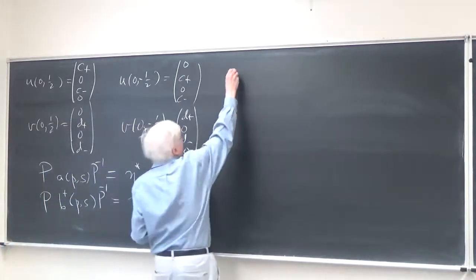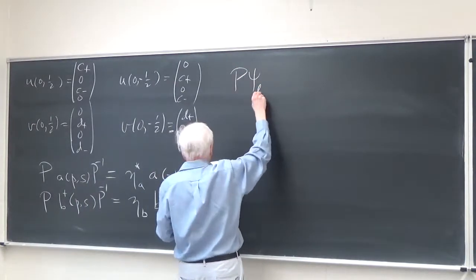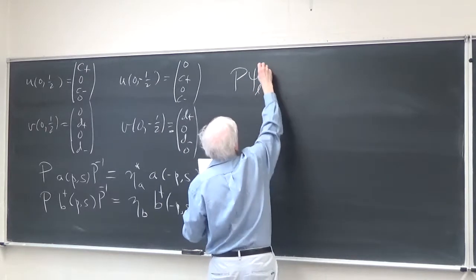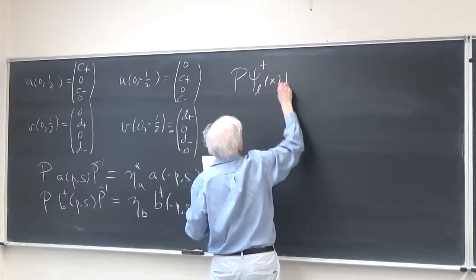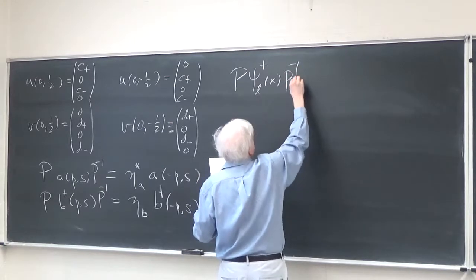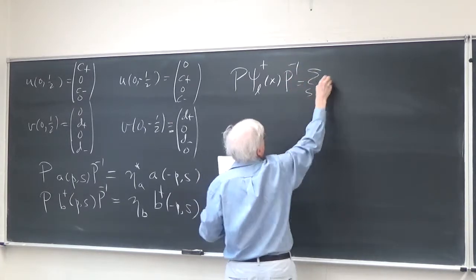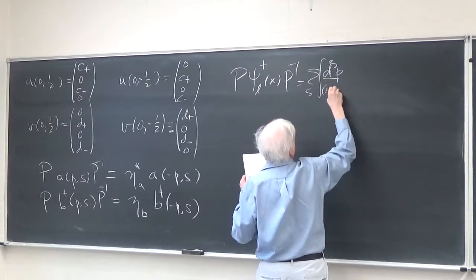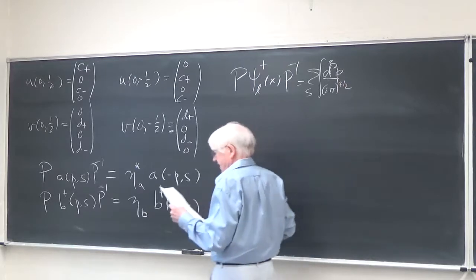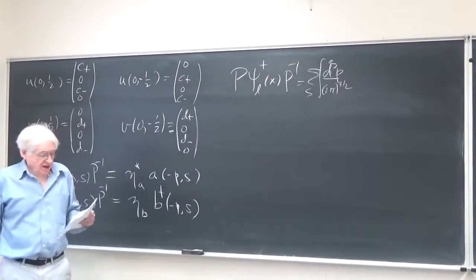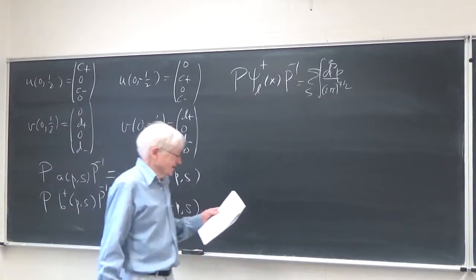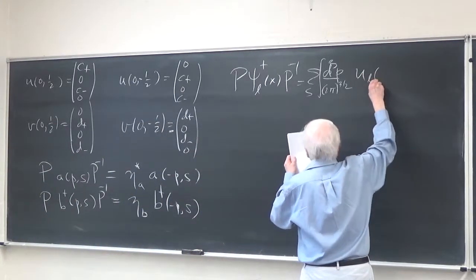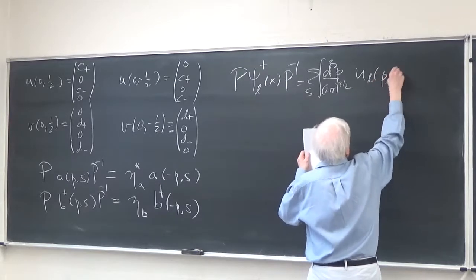So then, under parity, psi L plus, the positive frequency part, turns into a sum over S, integral d3p over 2 pi to the 3/2, which seems to me to be something that we really shouldn't have to carry around all the time.